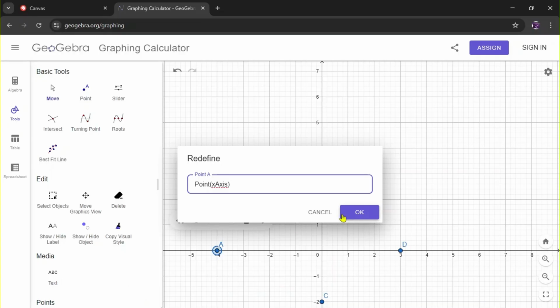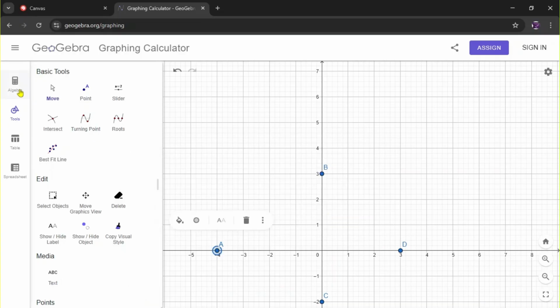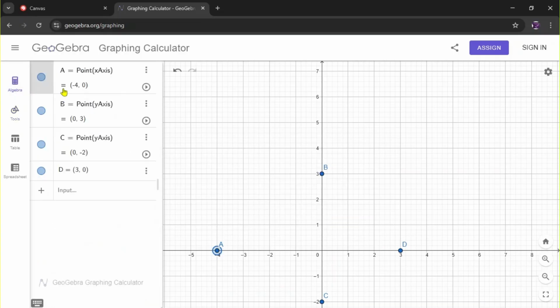Let us look at the coordinates of A. Just have a table for that. A is on the x-axis, and even this one is on the x-axis, and the other point D is on the x-axis.